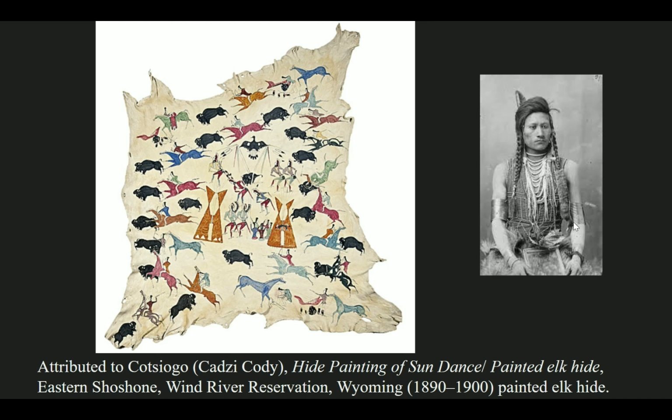Again, this is a nostalgic Western tourist object that we're looking at. At this point, most people were also using guns, which had been introduced by Europeans. And so the use of these bows and arrows is also part of this nostalgic idea and what Westerners think of when they think of Native Americans.